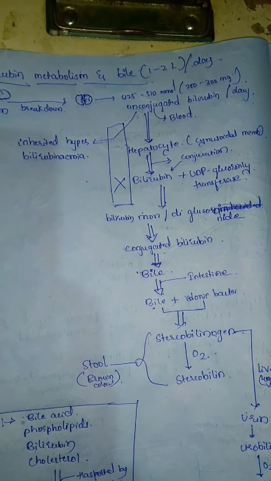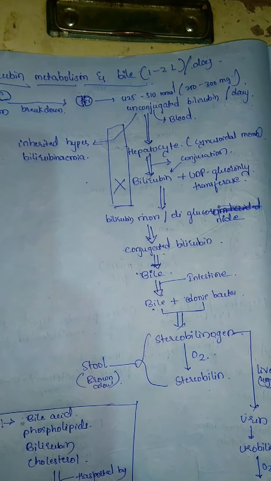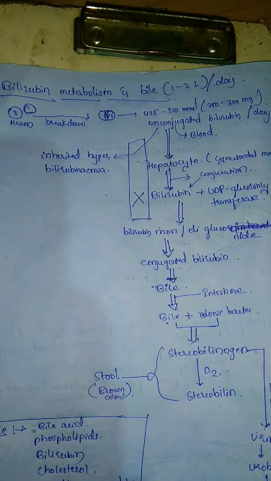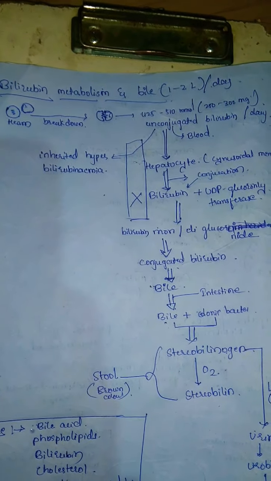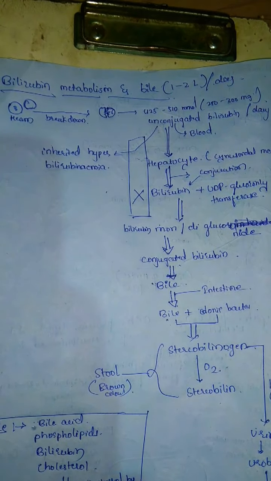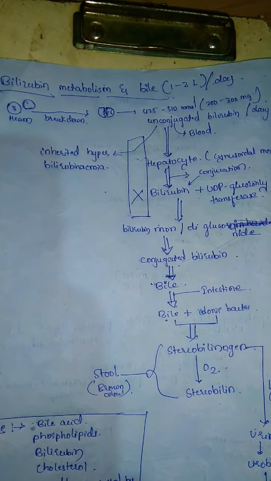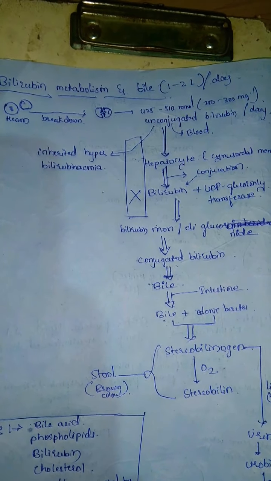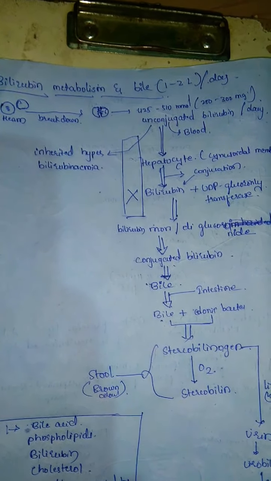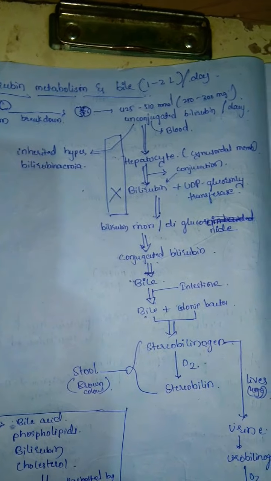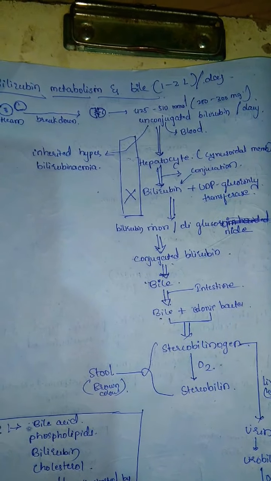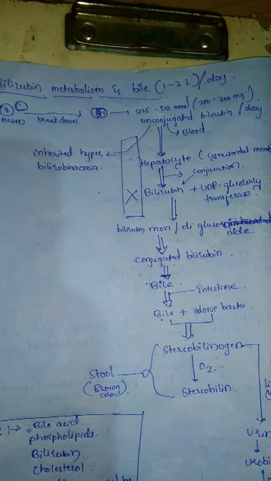Bilirubin in the blood is normally almost all unconjugated, because it is not water soluble. So it is bound to albumin and does not pass into the urine. For passing into the urine and stool, it should be conjugated.